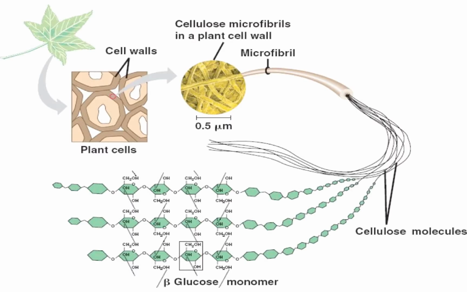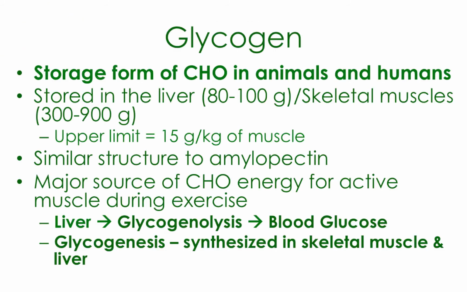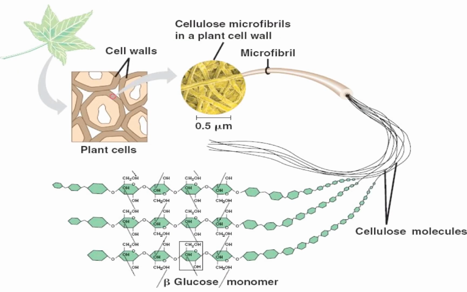This is not really important, but it's just kind of cool to see that plants have a very similar structure to that of muscle. If you look at a skeletal muscle fiber, you'll see that it has fibrils.